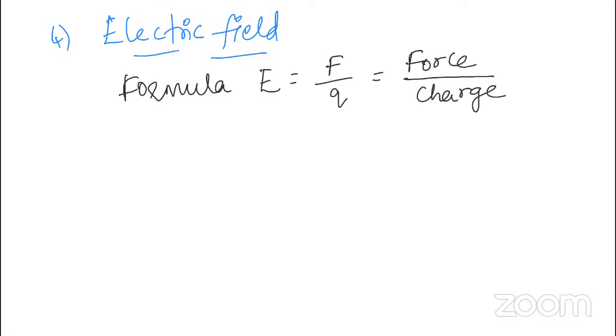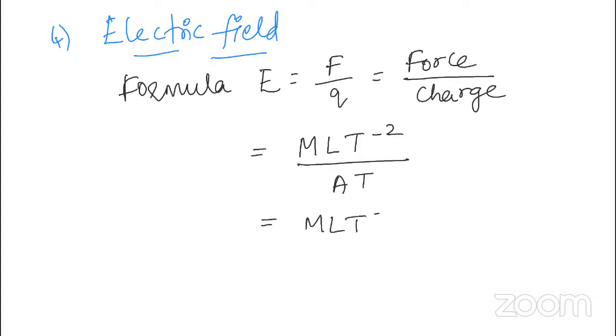Now tell me the dimensional formula for force. That is M L T power minus 2 divided by charge. Charge's dimensional formula is A into T. So again M L T power minus 2, A power minus 1 and T power minus 1.